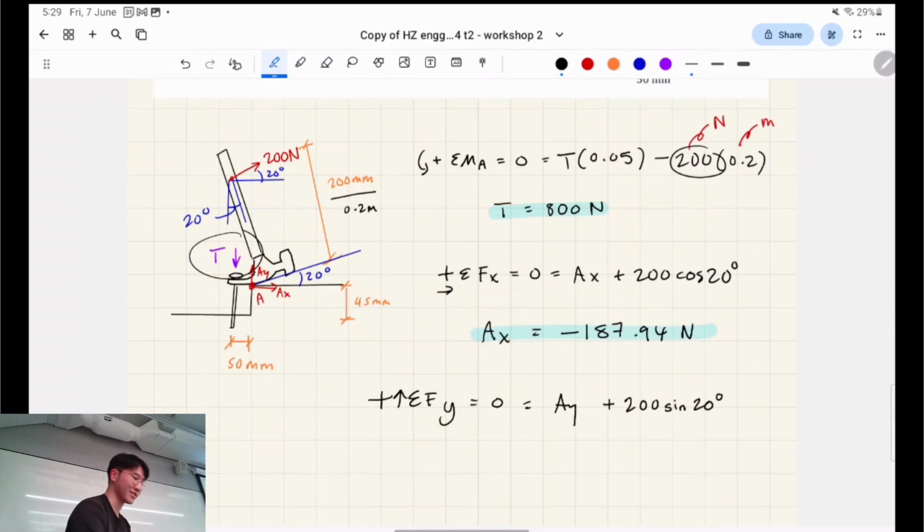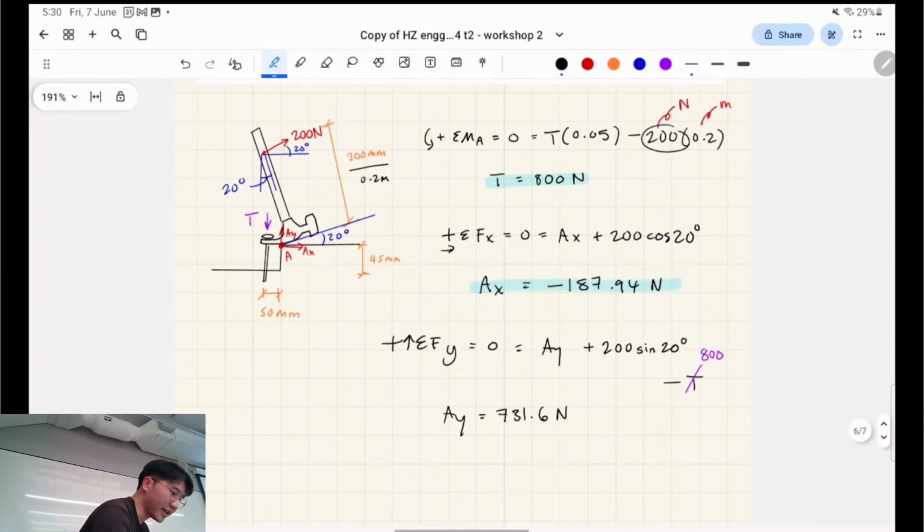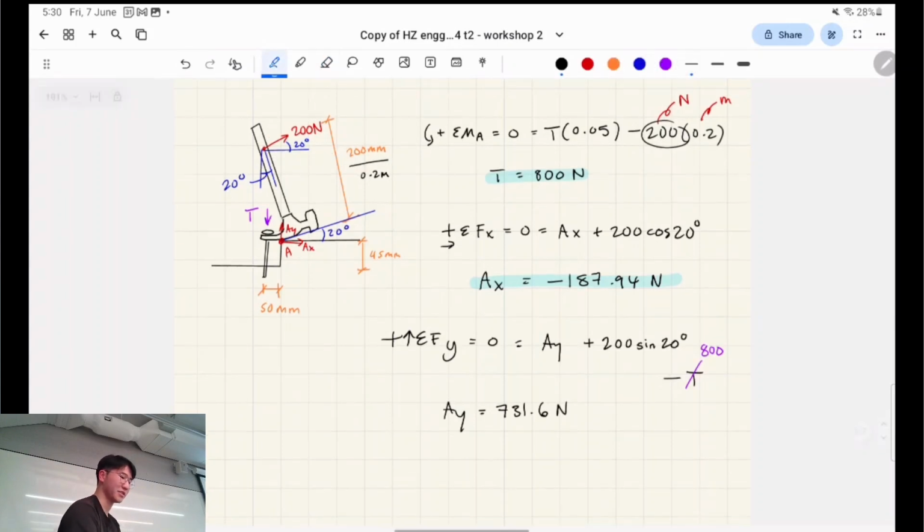Just remember that still exists. That's acting downwards, minus T, that number was 800. So now we have AY equal to this. So AY is counteracting the downwards forces of T and subtracted by that vertical component, essentially.